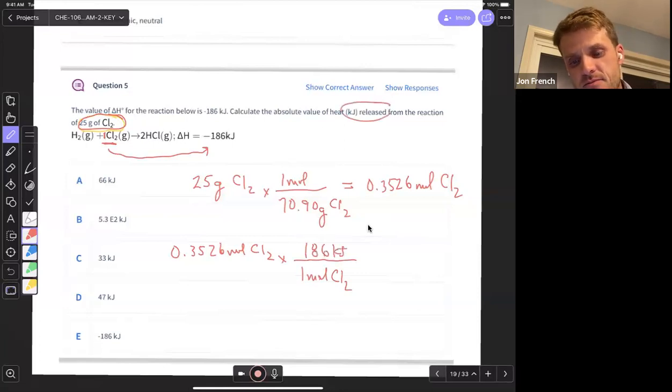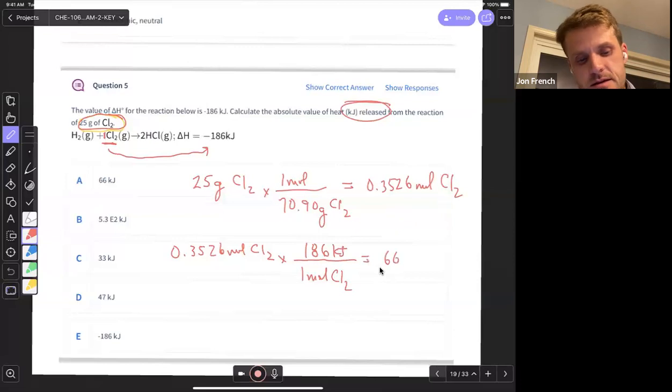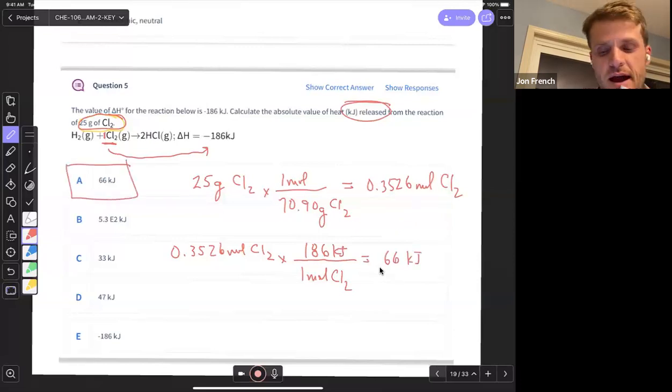Because it says heat released, that already tells us it should be a negative number, and that takes care of the negative for us. So we multiply by 186, and I get something like 66 kilojoules of energy released from this reaction.